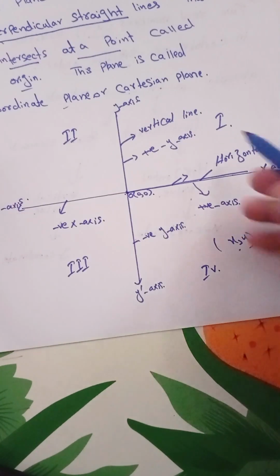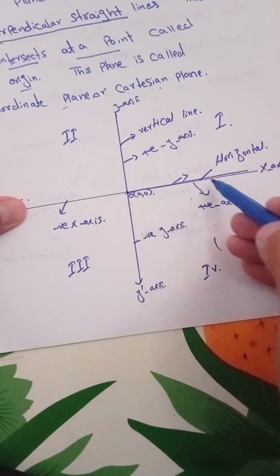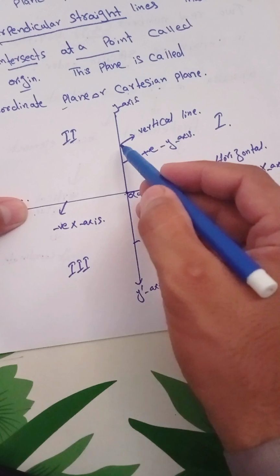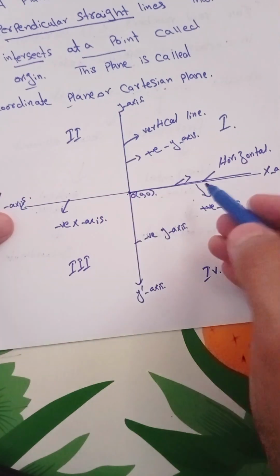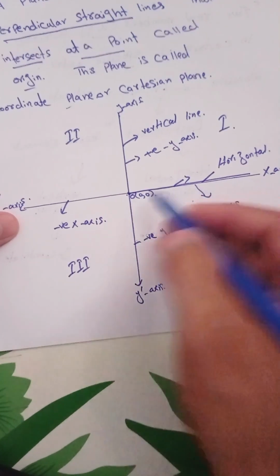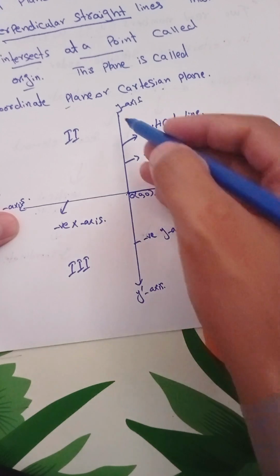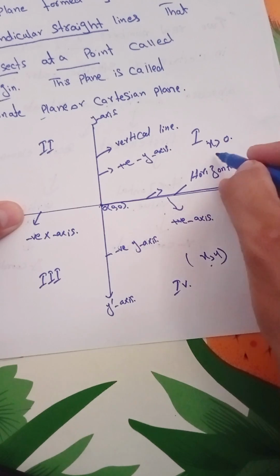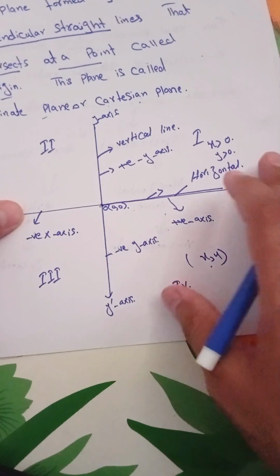You can see that the first quadrant has two axes: the positive x-axis and the positive y-axis. We already know that on the positive x-axis we have positive x values, and on the positive y-axis we have positive y values. So in the first quadrant we have positive x values and positive y values.